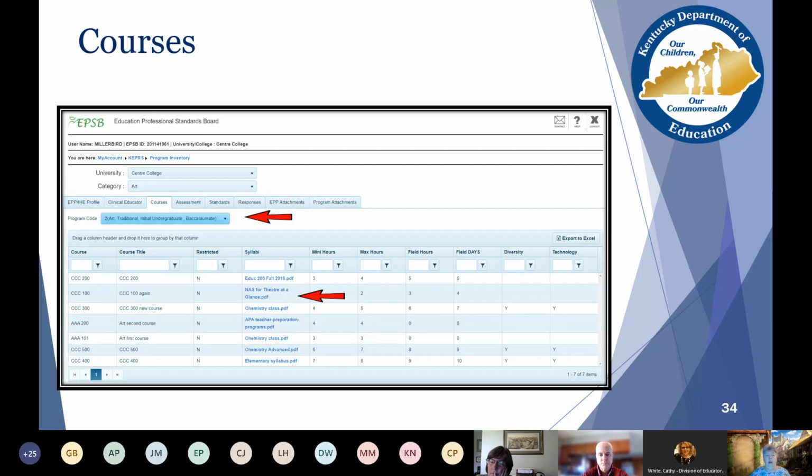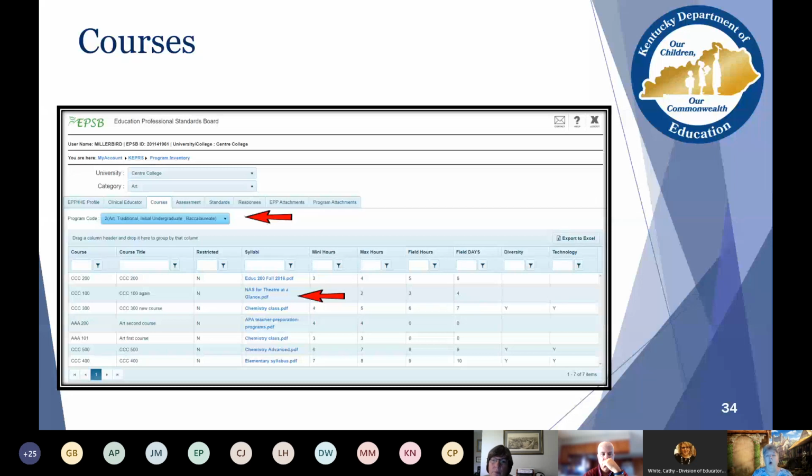The next tab is the courses, and this identifies the courses appropriate for the program. It also provides the link to the syllabi, but in order to access that, you'll have to first select the program code.